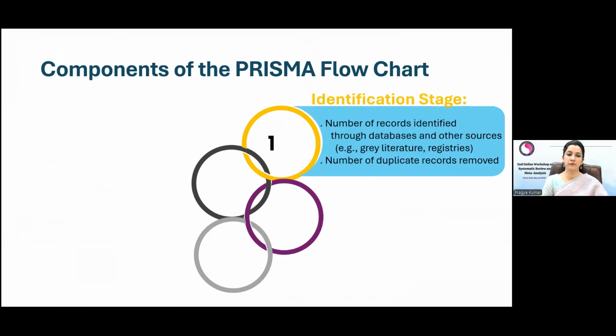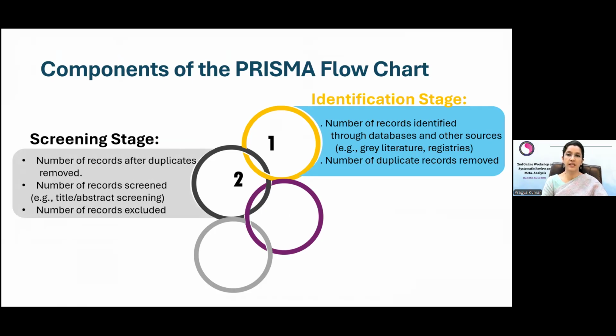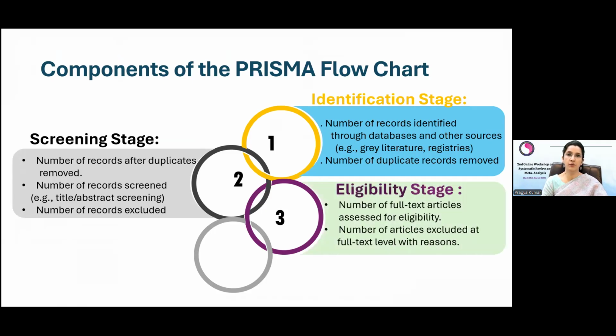So these are the 4 components of PRISMA. There's the identification stage, where you identify the records through the databases and do the duplicate removal. It has a screening stage, when you do the title abstract screening, and you exclude many records based on duplication.